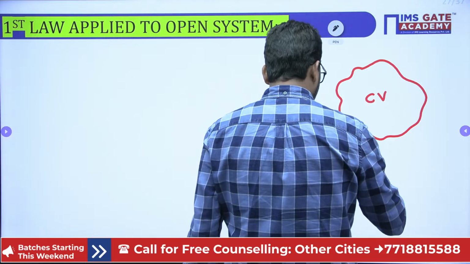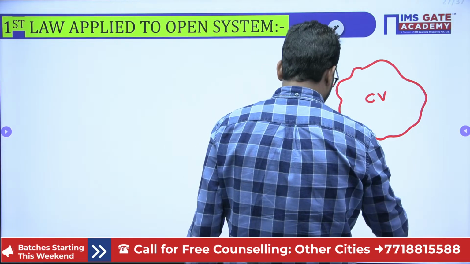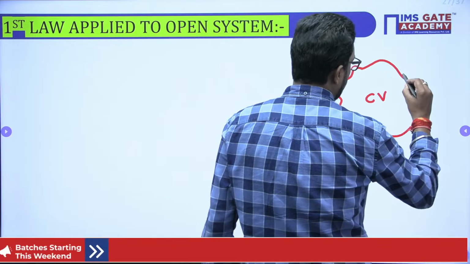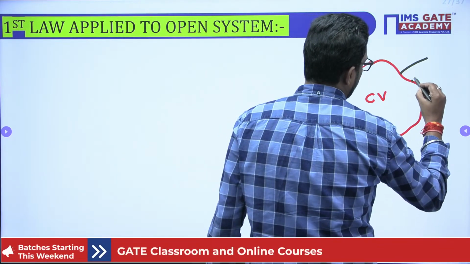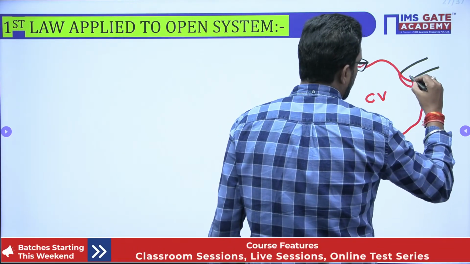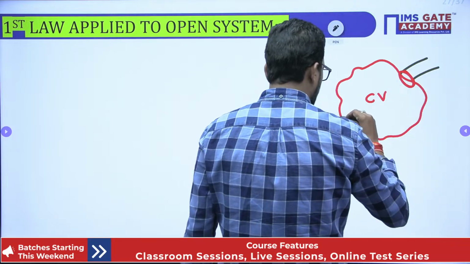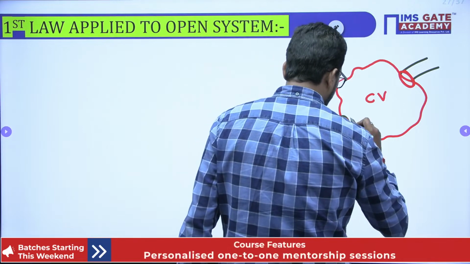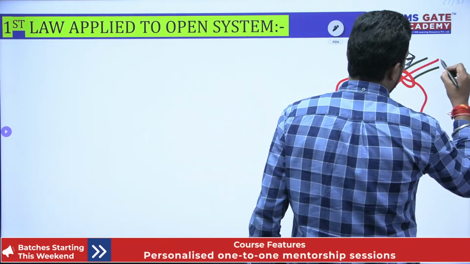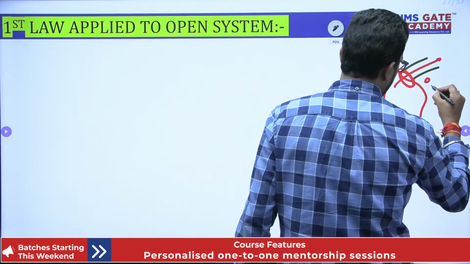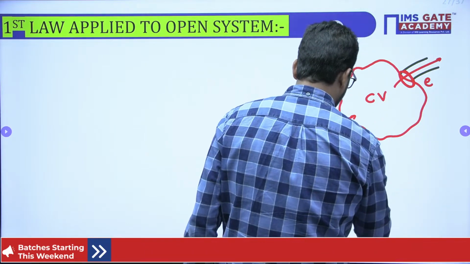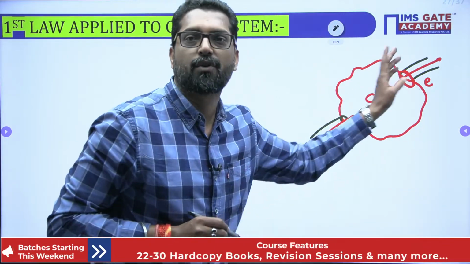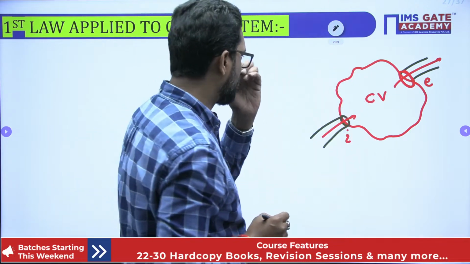There is one inlet section and, let's suppose, there is an exit section. So this is your exit section and this is your inlet section. Something is going into the system and something is exiting the system. This is E and this is I. E and I are the cross sections.